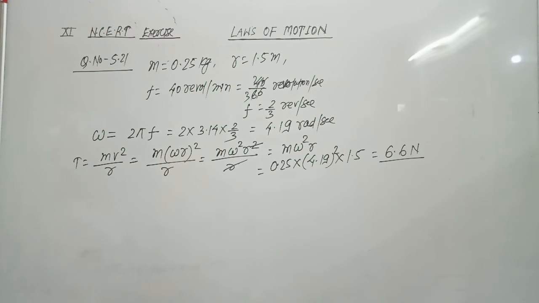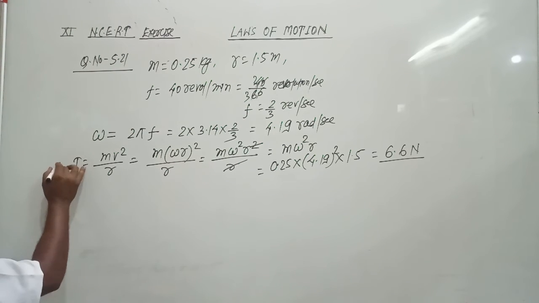Then we have to calculate the maximum speed with which the stone can be whirled if the string can withstand a maximum tension. T maximum is also given. Now this was the first part.